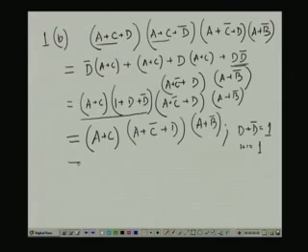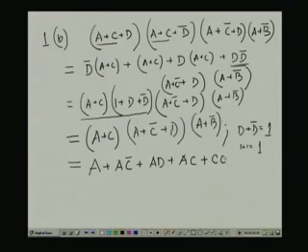Again, if we take the distributive law, this becomes A plus A C bar plus A D plus A C plus C C bar, which equals 0, plus C D. This is one term, multiplied by A plus B bar.